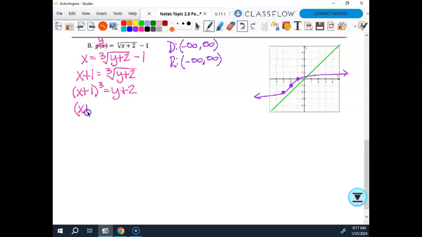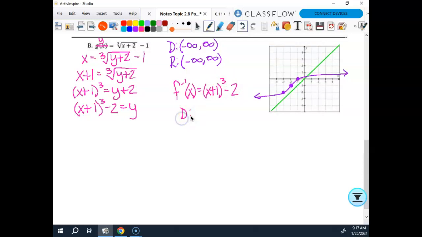So then x plus 1 cubed minus 2 equals y. So my inverse, f inverse of x, is equal to x plus 1 cubed minus 2.